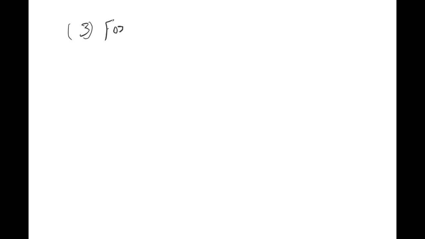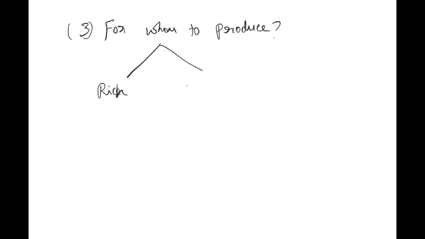for whom to produce. In any country there are different classes of people. Broadly, you can categorize them as the richer section or the poorer section.